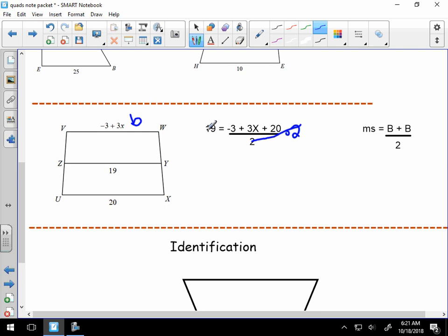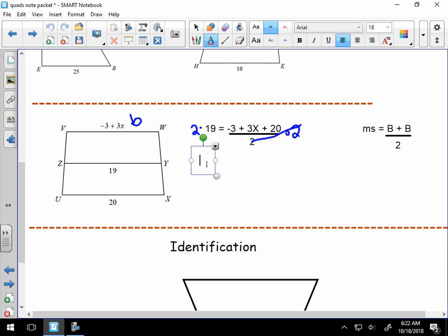And if I multiply this by 2, I have to multiply this side by 2. Now, look at what our equation comes out to be. This really isn't so bad.